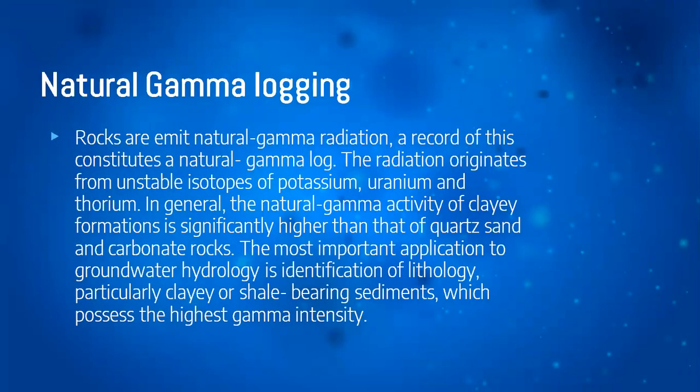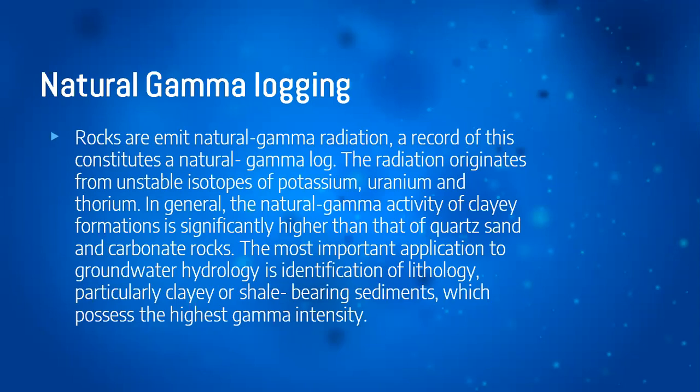Natural gamma logging. Rocks emit natural gamma radiation. A record of this constitutes a natural gamma log. The radiation originates from unstable isotopes of potassium, uranium, and thorium. In general, the natural gamma activity of clay formations is significantly higher than that of quartz sand and carbonate rocks.